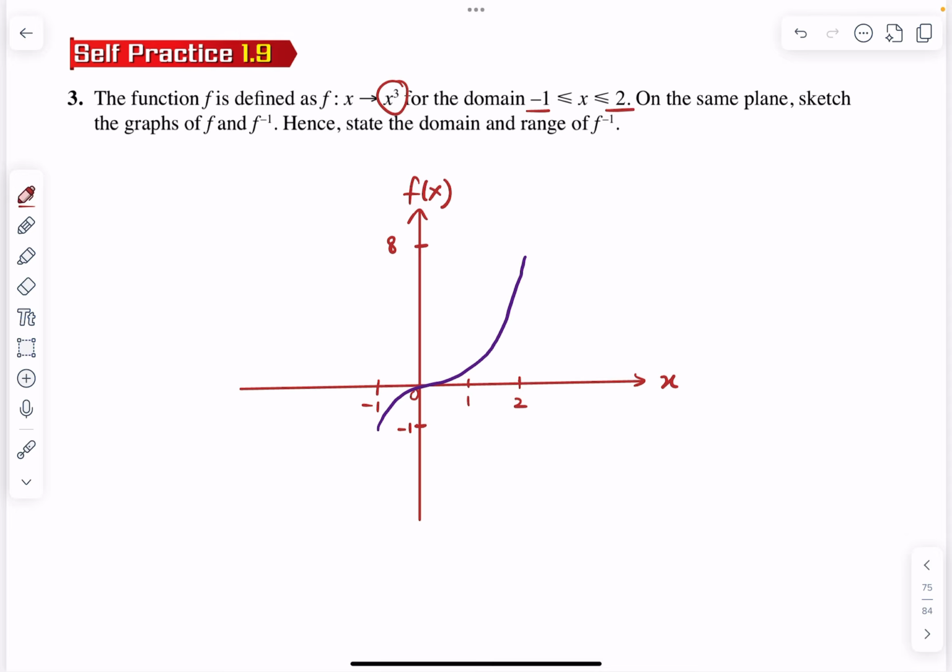But they're asking to state the domain and range of f inverse x. Okay. So first let's look at how to draw this f inverse graph. Okay. You need to know the relationship between f and f inverse. F and f inverse are the reflection on the line y equals x.